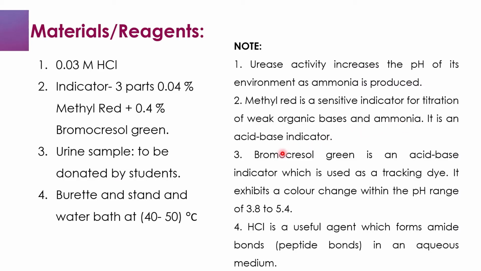Also, the bromocresol green indicator is an acid-base indicator which is used as a tracking dye, and it exhibits a color change within the pH range of 3.8 to 5.4. And HCl is a useful agent because it forms amide bonds in an aqueous medium.